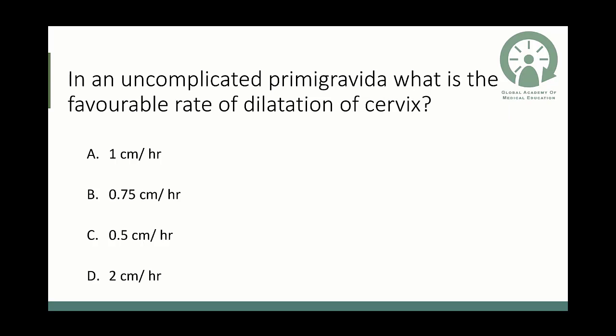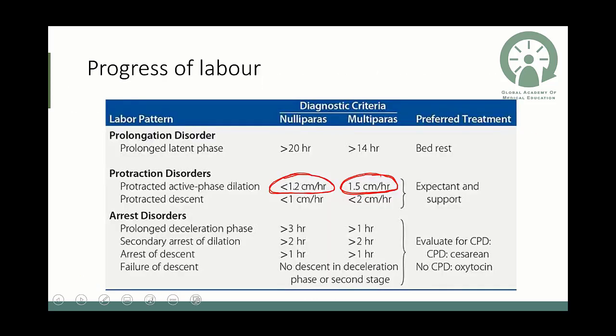So here the options, uncomplicated, what is the favorable rate? Favorable rate is 1.5 centimeter per hour, but since it is not there, 2 centimeter per hour is the next best possible answer according to me, because if it is less than 1.2 centimeter, it is protracted active phase dilatation.